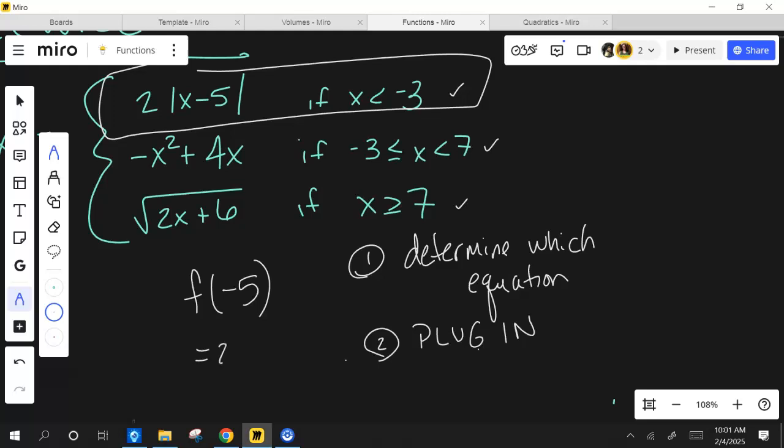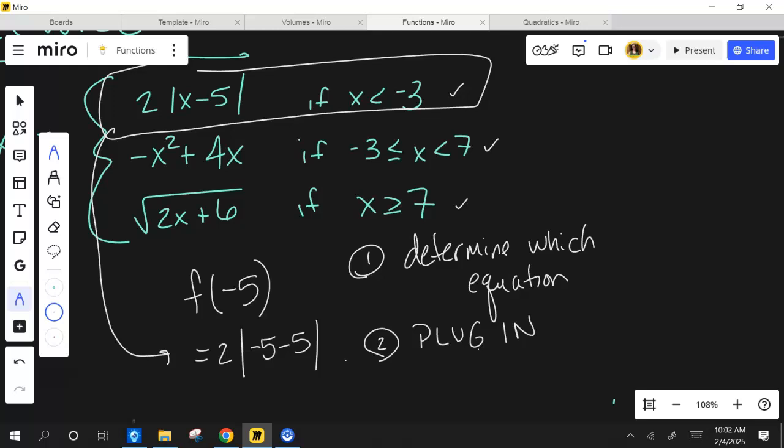So I get 2 times the absolute value of -5 minus 5. I use this equation, and instead of x, I put -5. Nope, I only asked you what's f of -5.